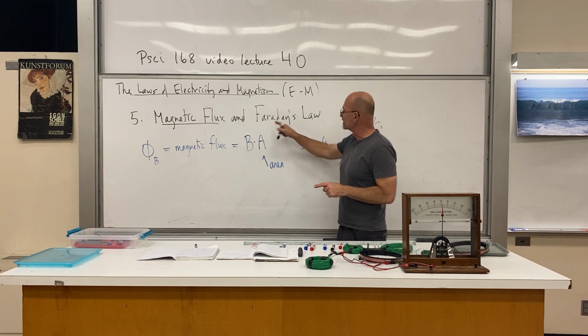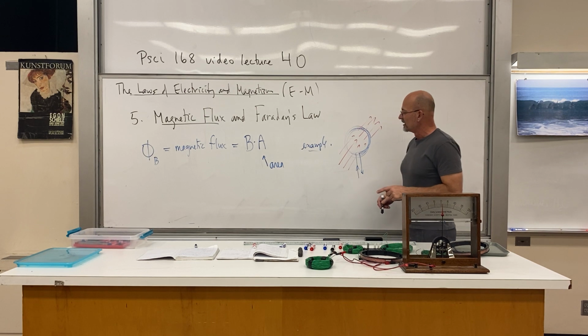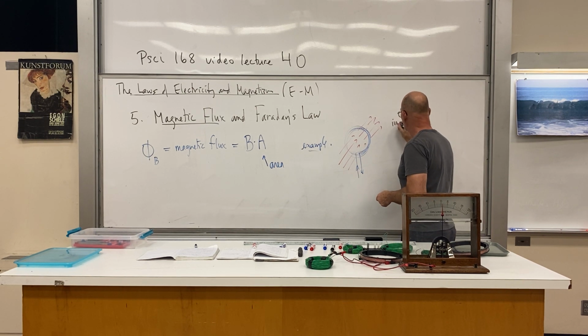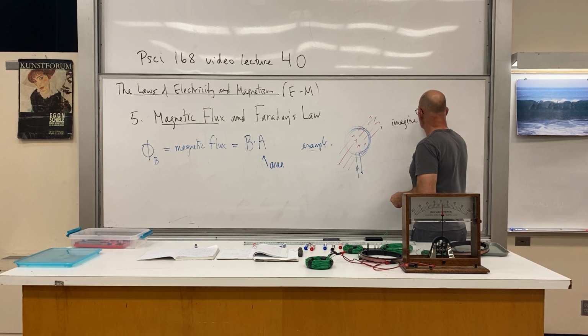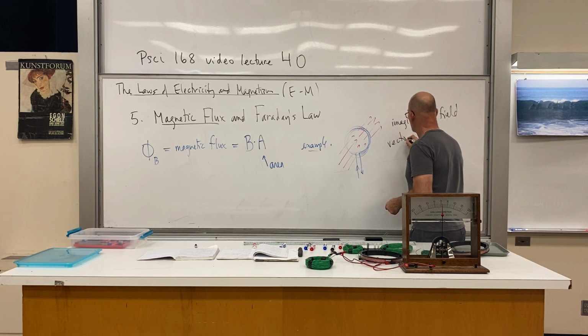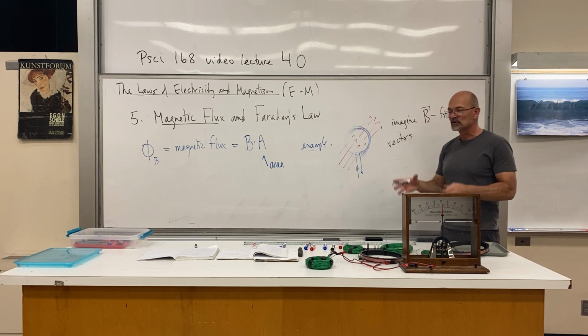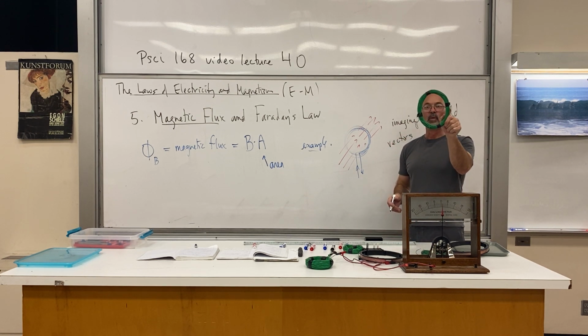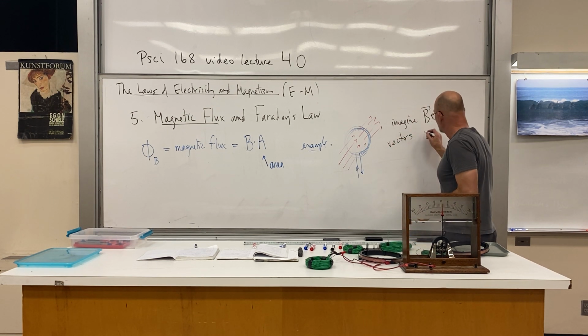So magnetic flux is Faraday's law. Example, so I'll write here, imagine B field vectors. Imagine those B field vectors flowing through this window, okay?